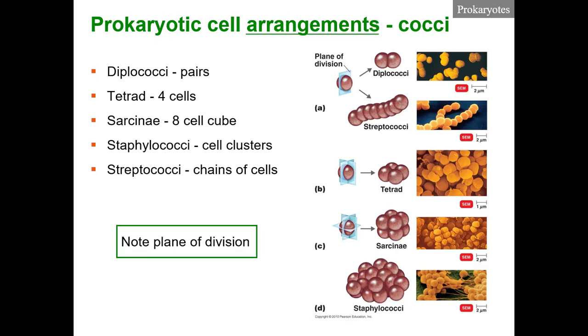The cocci can have many different cellular growth arrangements. You can see singlets, that's a single cocci, no cells attached. You can have diplococci, that's 2 cocci attached to each other. You can have streptococci, and that's a row of cocci all lined up in a single layer.